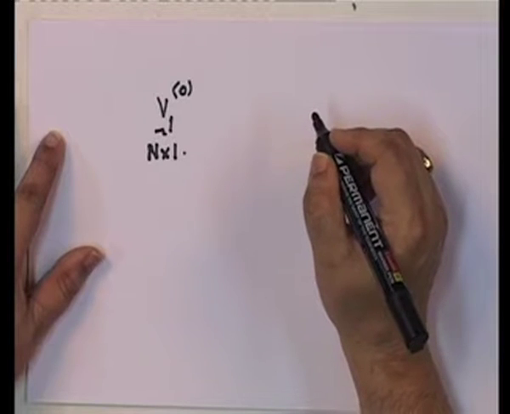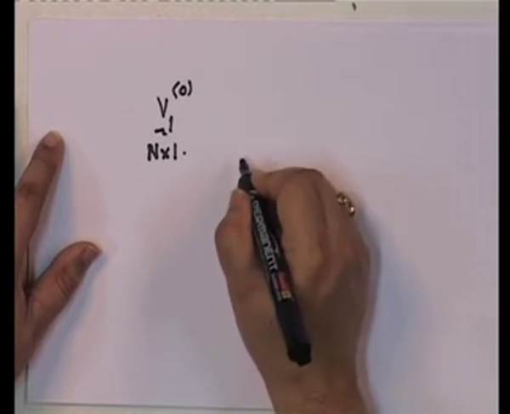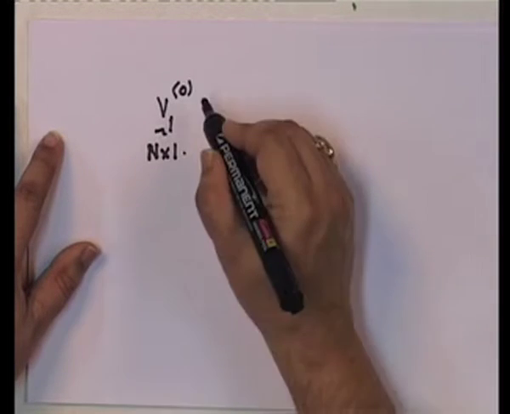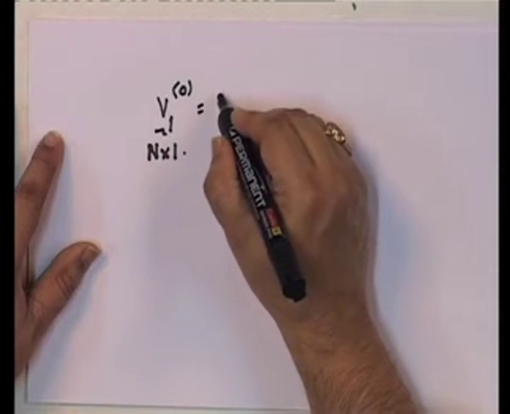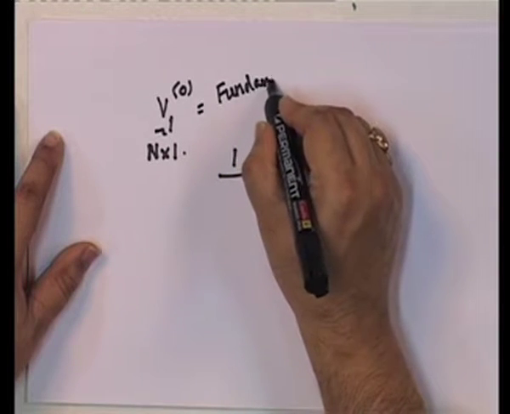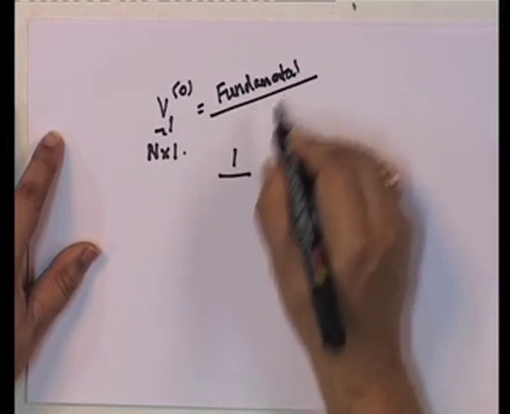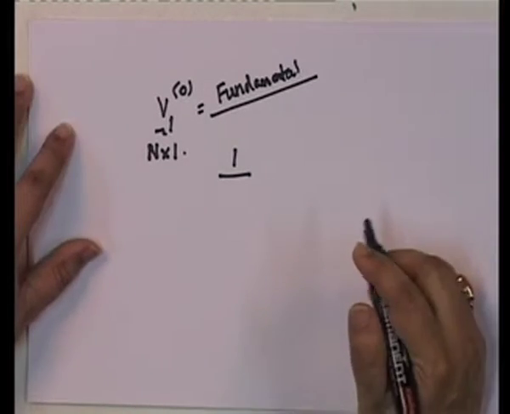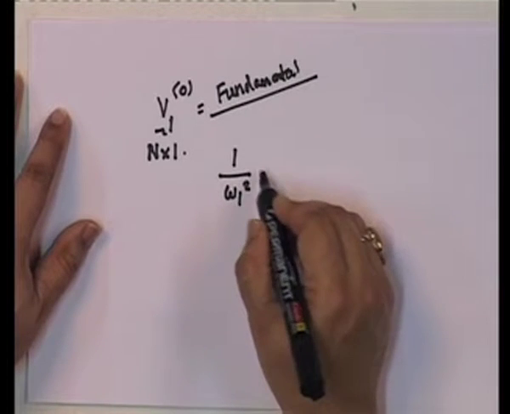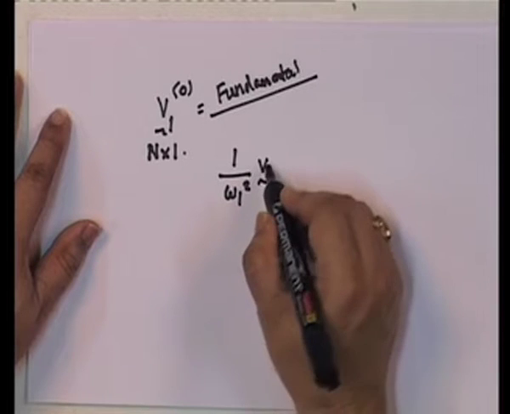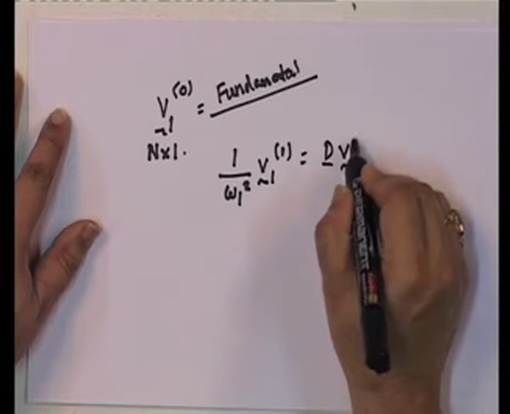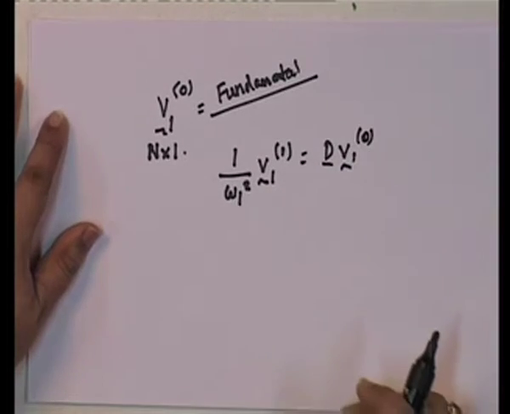Then what we say is that, by definition, you assume this to be an approximation of the fundamental mode shape, then we can say that it is equal to D into V1 0.